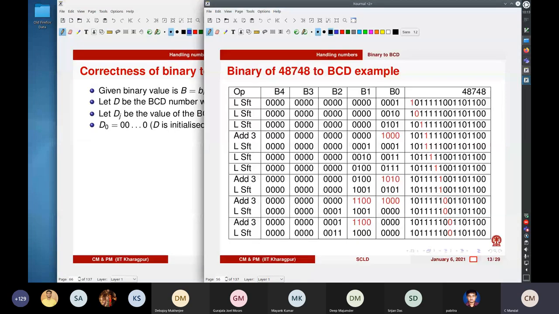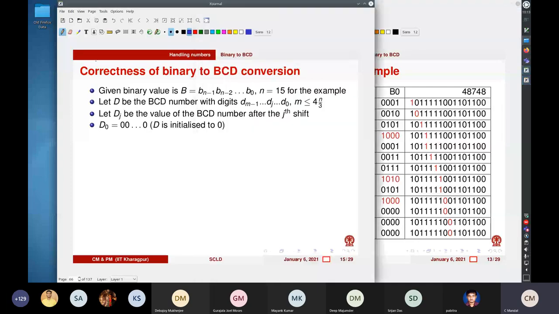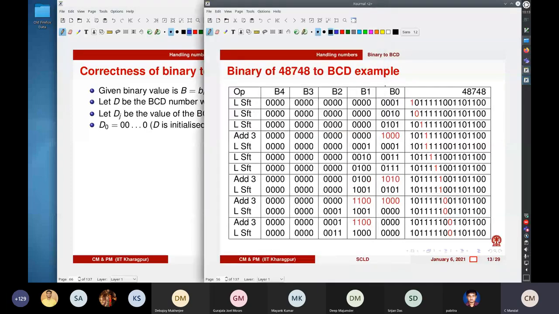So initially it's all zero. What you're seeing here is actually D1. D0 is all zeros, which is not shown over here. This is D0.